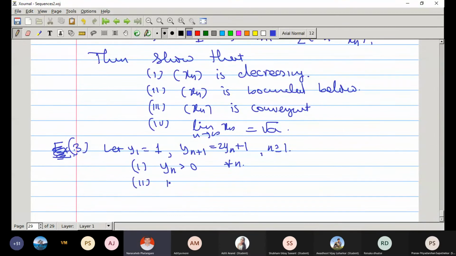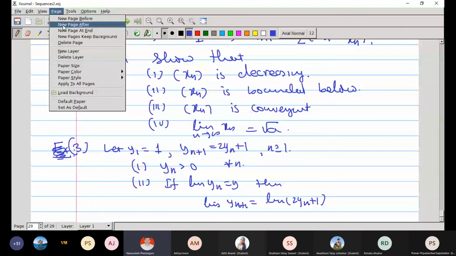So if limit of yn is y, then what is limit of yn plus 1? It is limit of 2 times yn plus 1. We don't know whether the limit exists.